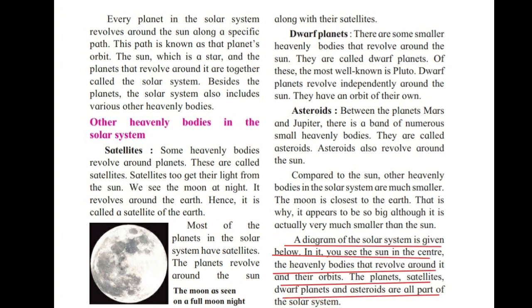In it, you see the sun in the center, the heavenly bodies that revolve around it, and the orbits. The planets, satellites, dwarf planets, and asteroids are all part of the solar system.